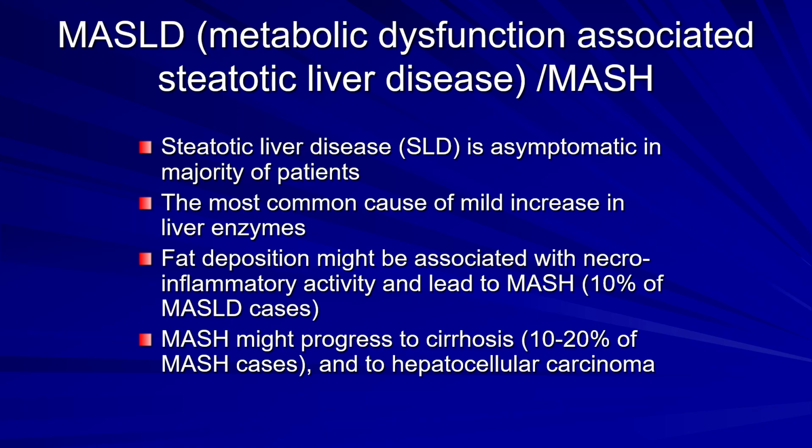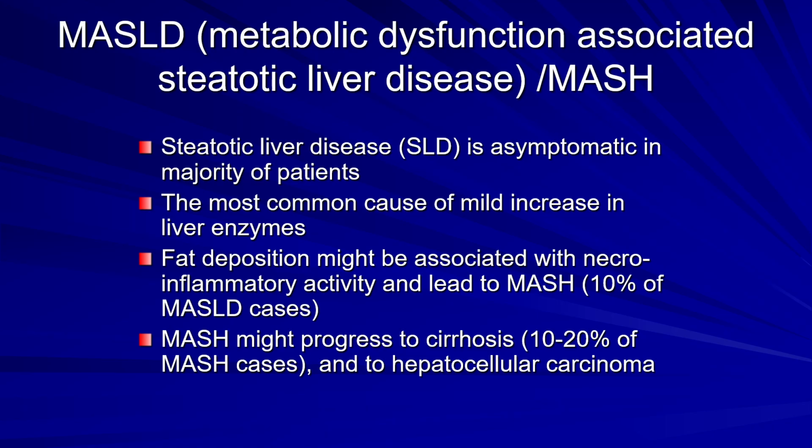So metabolic syndrome associated steatotic liver disease might lead to metabolic syndrome associated steatohepatitis, MASH, inflammation in the liver, and that can lead to fibrosis, to cirrhosis, and to hepatocellular cancer. You can tell that this is not a benign entity, that it has to be taken seriously and it has to be recognized and treated.